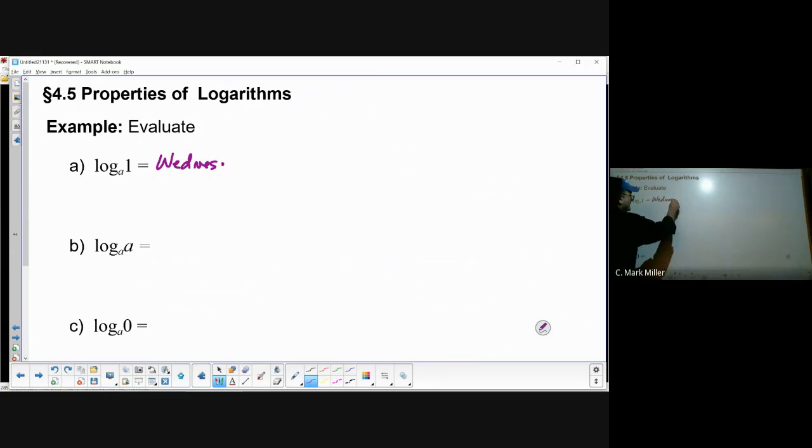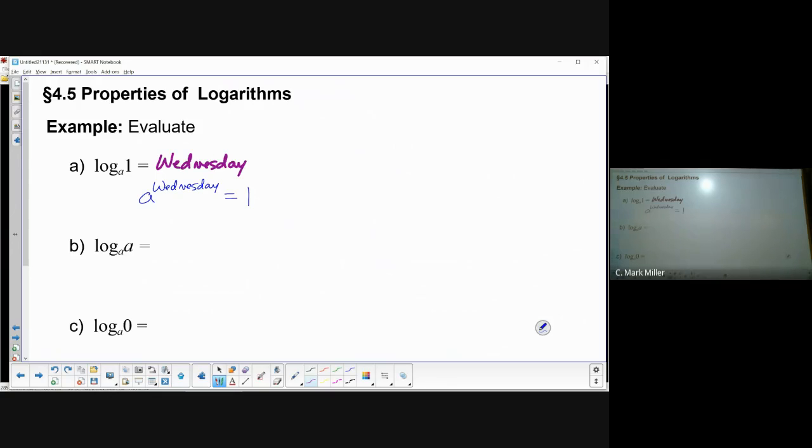So if log base a of 1 is Wednesday, that means a to the Wednesday equals 1. You're going to have to put something over here, x, y. I did Wednesday because I'm being silly. I did Songfest in another class. One day we're going to do baseball.